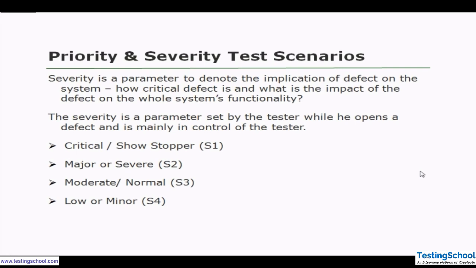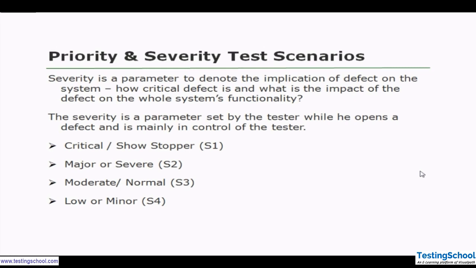Severity is the parameter set by the tester when opening a defect, and it is mainly in the control of the tester. The priority shows how soon that defect can be fixed, which is why it is set by the development team.